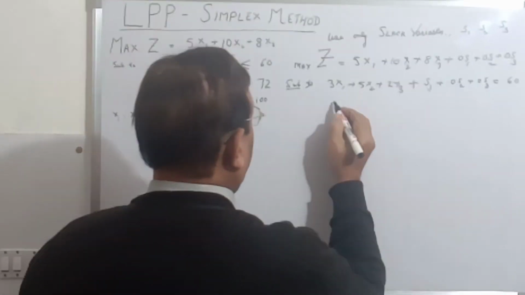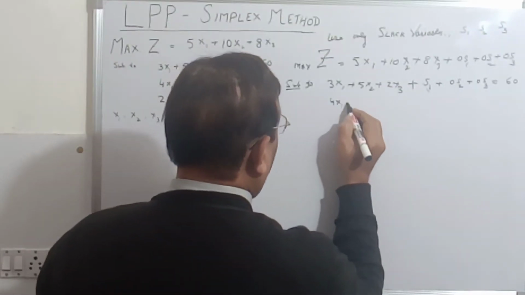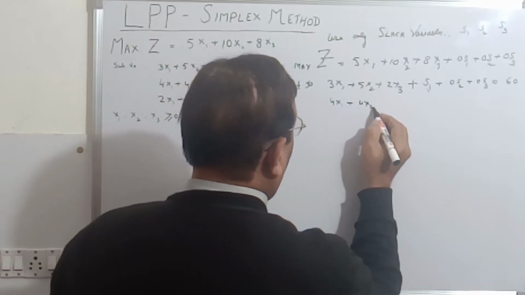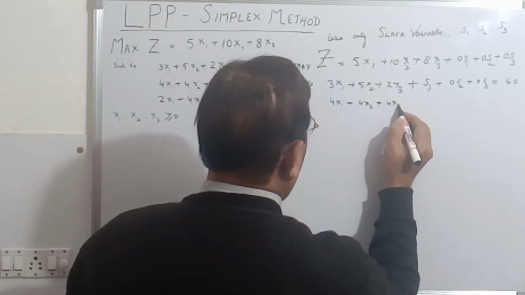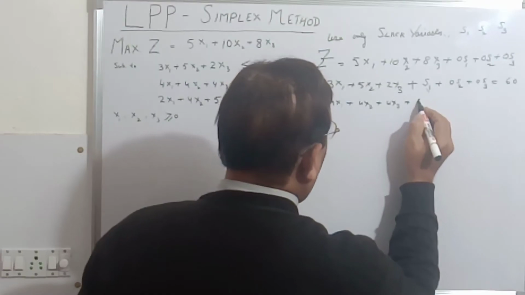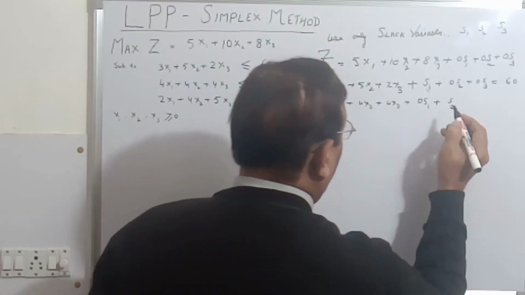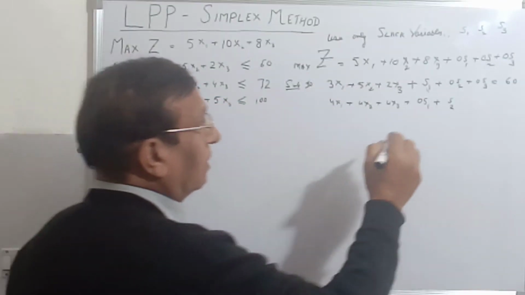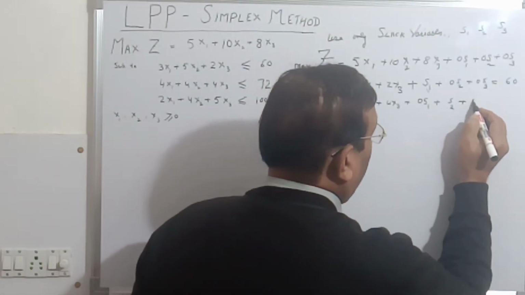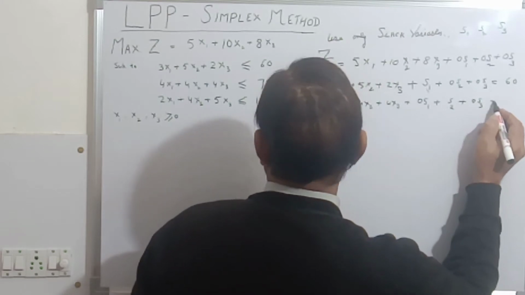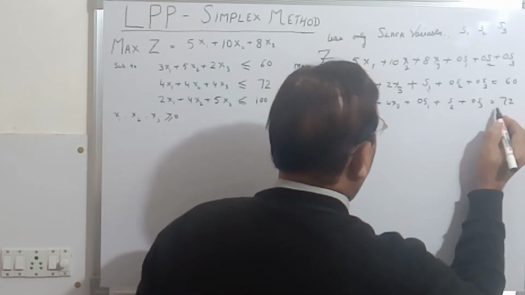Similarly, in the second equation, 4x1 plus 4x2 plus 4x3 plus here S1 will not come, so 0S1, here S2 will come with one coefficient, plus 0S3, and this will be equal to 72.